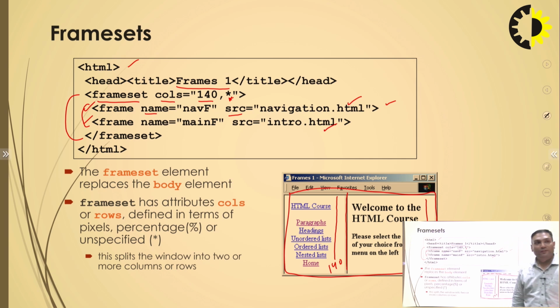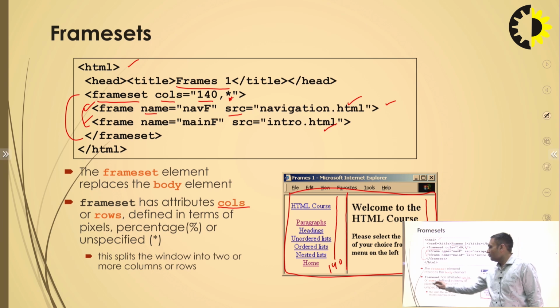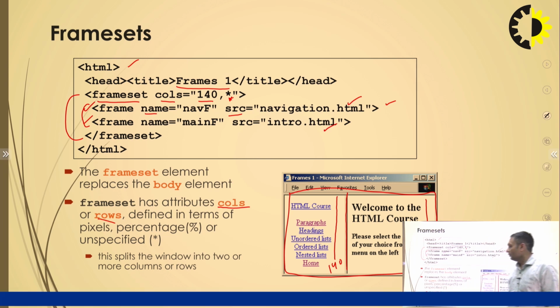The frameset element replaces the body element, and frameset has the attributes cols and rows. Columns are defined with cols and rows are defined with rows.